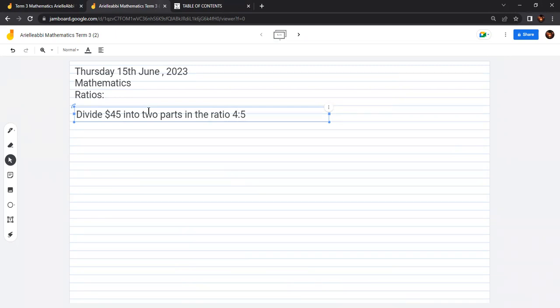They gave us this and it told us to divide $45 into 2 parts in the ratio 4 to 5.